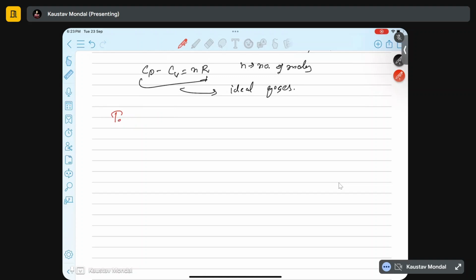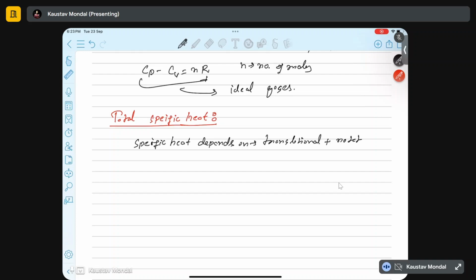Total specific heat. So as we discussed, the specific heat depends on the translational plus rotational plus vibrational and electronic energy contribution.